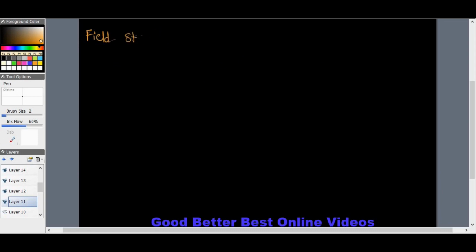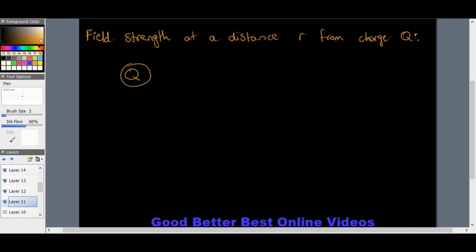Field strength at a distance R, which is the symbol for distance in this section, from charge Q. Okay, so let's say we have a charge sphere Q over there, or let's make the sphere a different color.